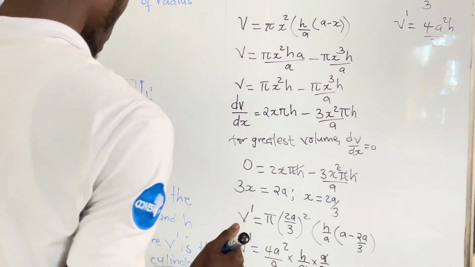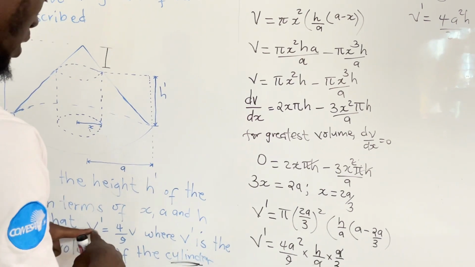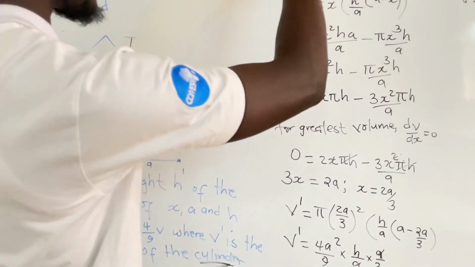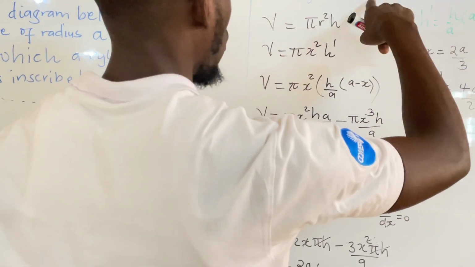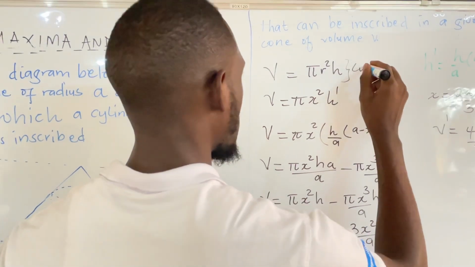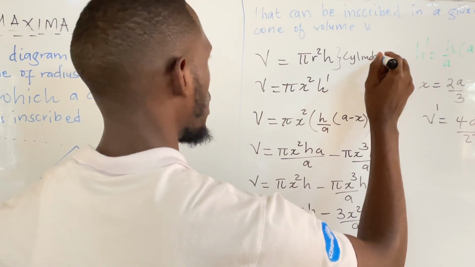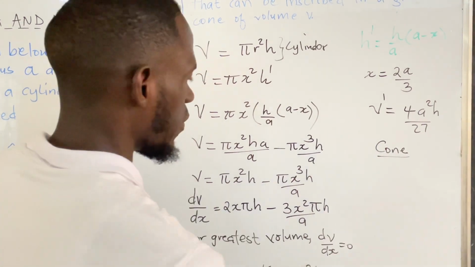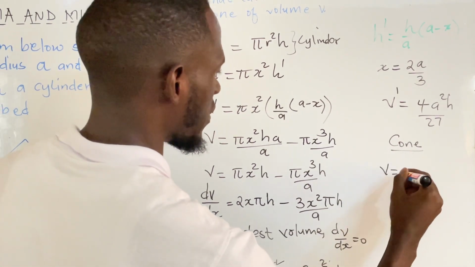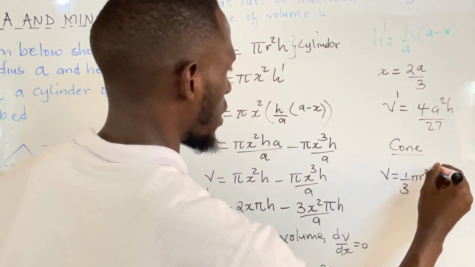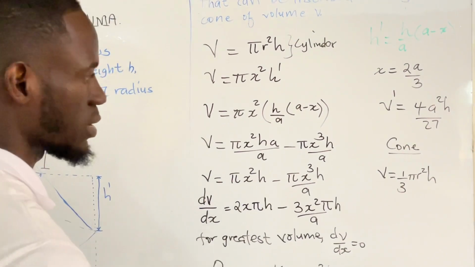Now, there is something they talked about comparing V prime and V. They said that the cylinder can be inscribed in a given cone of volume V. So we are going to get the volume of a cone. How do you get the volume of a cone? Volume of a cone is given by the base area, which is pi r squared, times the height, h.